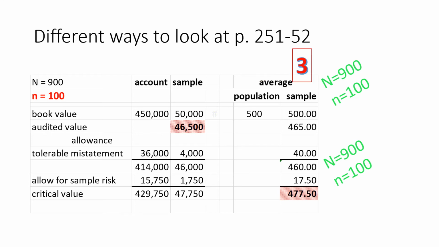The partner wants me to add an allowance for sampling risk. And I can just take that because my allowance for sampling risk, I could take 15,750 and divide it by 900, or I can take 1,750 and divide it by 100. So the partner says, I'm not going to be happy. I'm not going to have enough confidence in those results unless my sample mean exceeds 477.50. Okay.